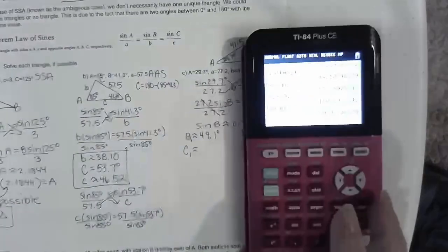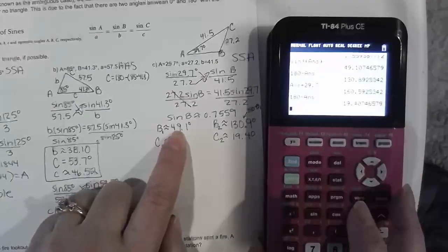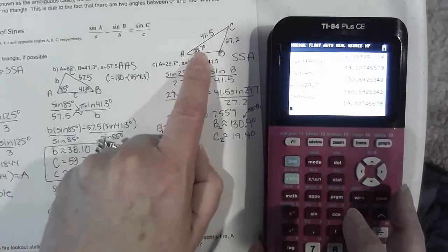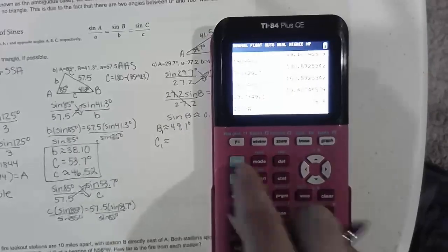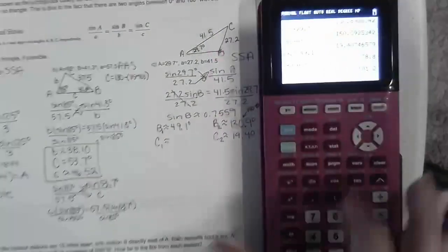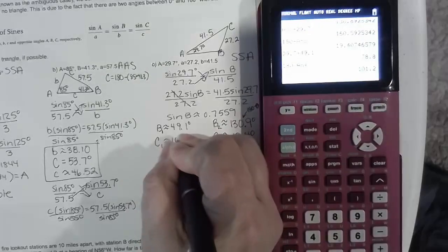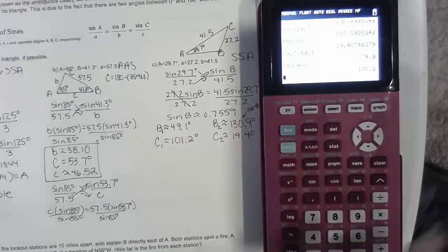And then I do the same thing for C1. So I take B1, which is 49.1, add it to angle A, so 29.7 plus that guy, and then subtract from 180 degrees. So that gives us 101.2 degrees.